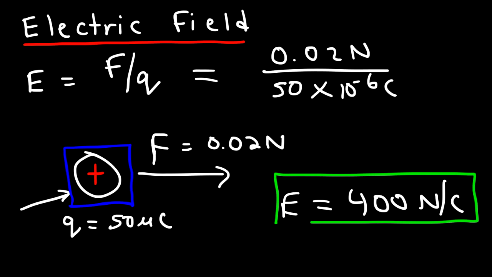And so the electric field is basically the ratio between the force exerted on a charge divided by the magnitude of that charge. So think about what this number means. This electric field tells us that at that point, it can exert a force of 400 newtons for every coulomb of charge. So if you have a positive charge of 1 coulomb, it will exert a force of 400 newtons.